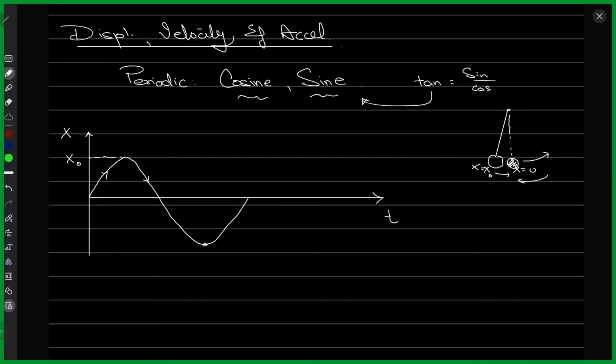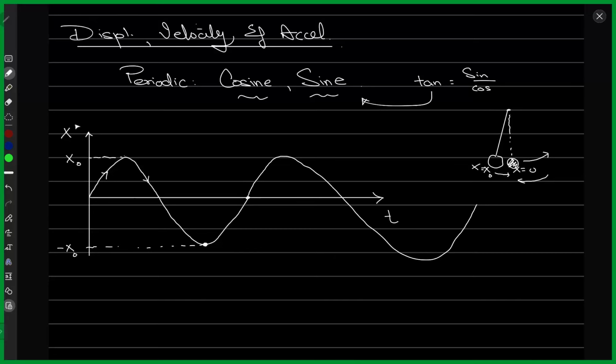And at this point, this is minus the same number x naught. Minus just tells you that it is on the opposite side, so it's the opposite extreme position of the bob, right? And then it falls to 0. Here it's at its mean position. So this is just one complete oscillation. Multiple of these will happen, and eventually it will come to a stop. So you can repeat this graph over and over again. And so you get something like this, and then it keeps on repeating itself, right?